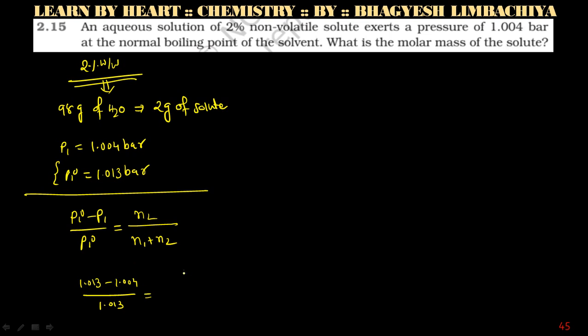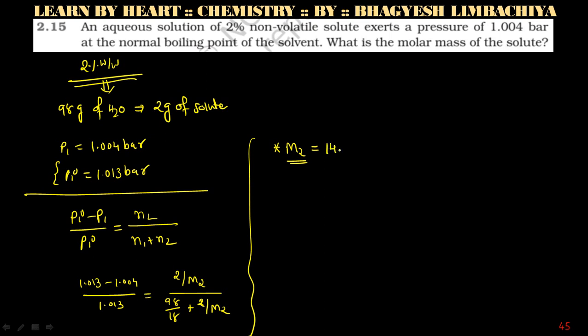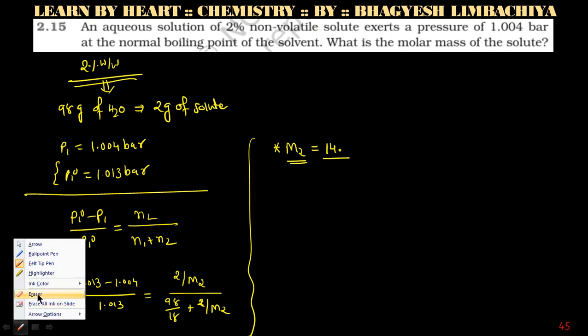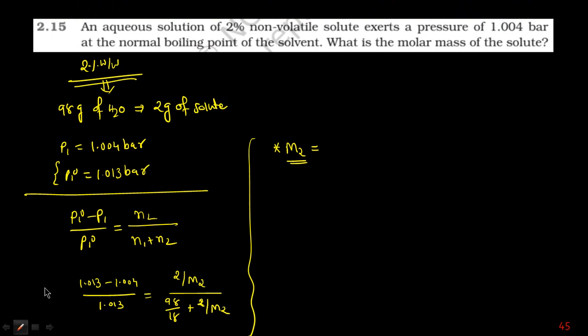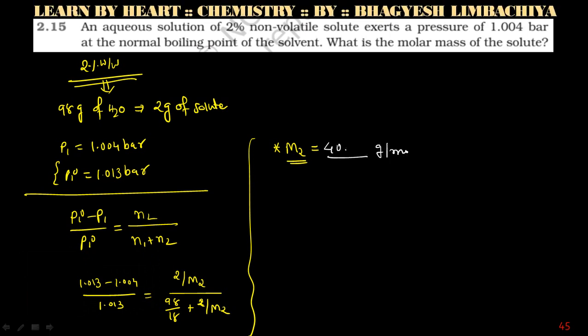So it can be calculated, and N2 means 2 by M2, N1 is 98 by 18, and here 2 by M2. So M2 can be calculated, and now tell me directly, what is the answer for M2? 40 point something, right? Yes. So the answer here came 40 point something gram per mole. Okay, so you can easily do this calculation. The main fundamental was to proceed according to the percentage given.